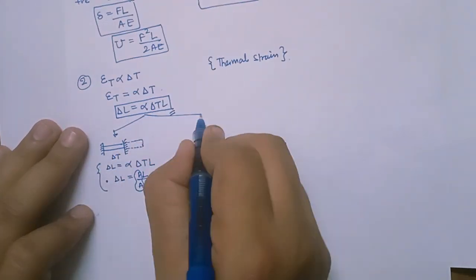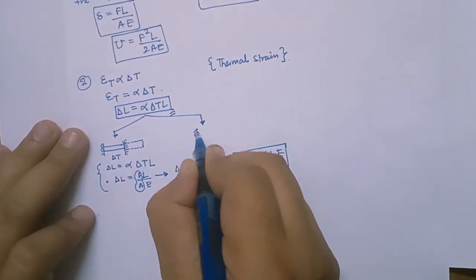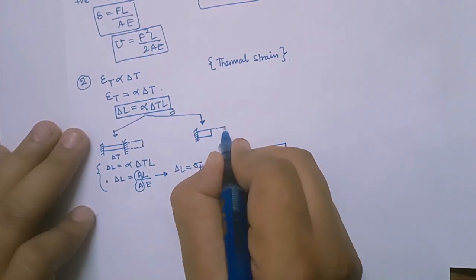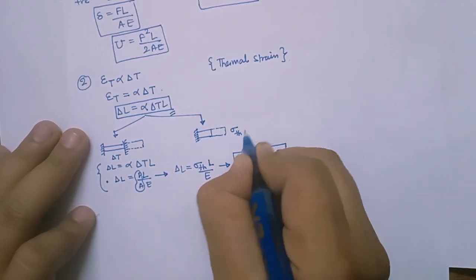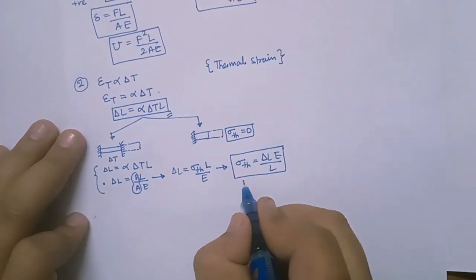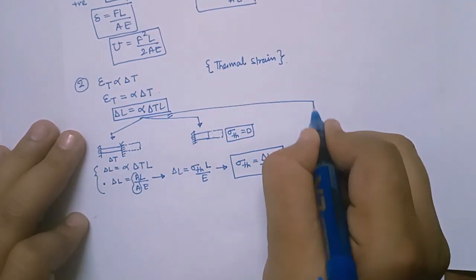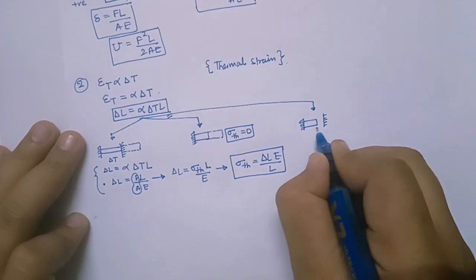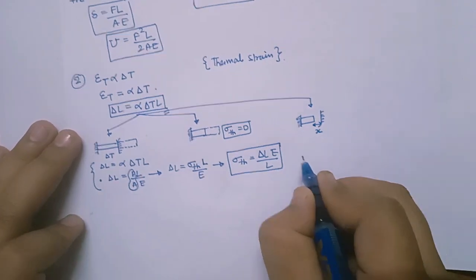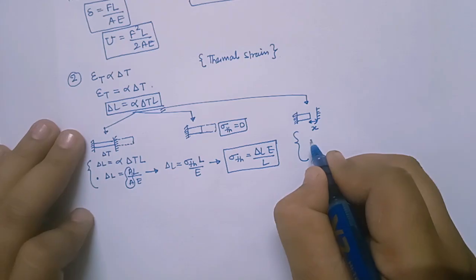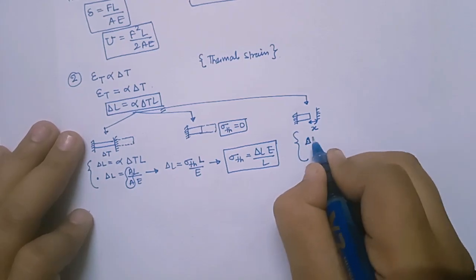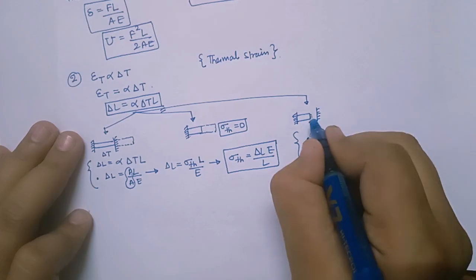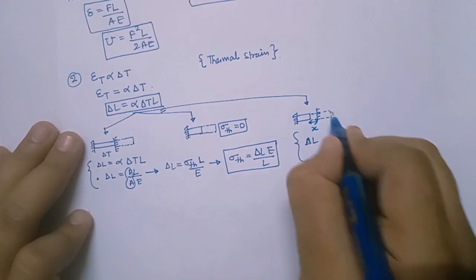Now another case: if the rod is free, meaning no support reaction is here, then simply it can expand freely, so no stress is generated, so thermal stress will be 0 in this condition, right? And the third case is if the rod is allowed to deform by X. So simply what you will do: the total deformation minus X, because this expansion can be present.